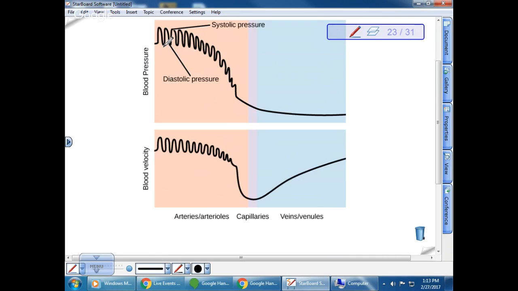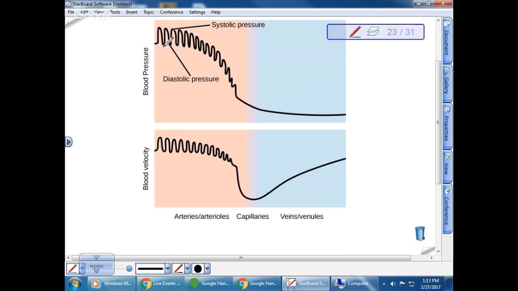So when you look at blood pressure in the arteries, it varies with the contraction and the relaxation of the ventricles. And so that is why you get the pulse. You can see on this diagram that the blood pressure increases. That would be systolic pressure, and diastolic pressure would be where the ventricles relax.